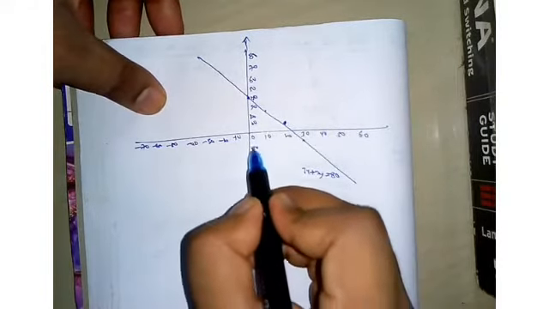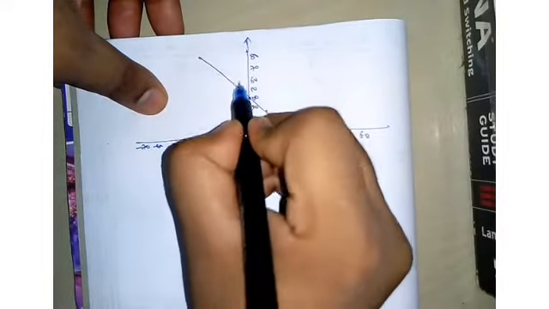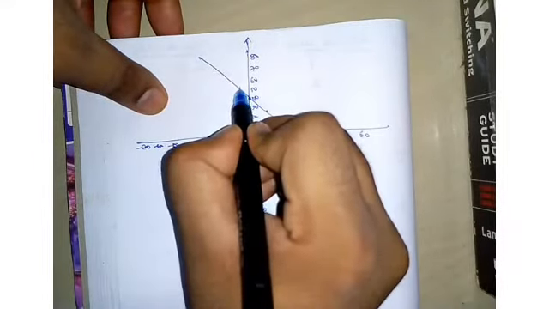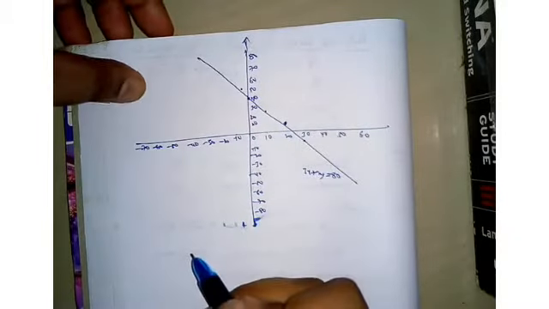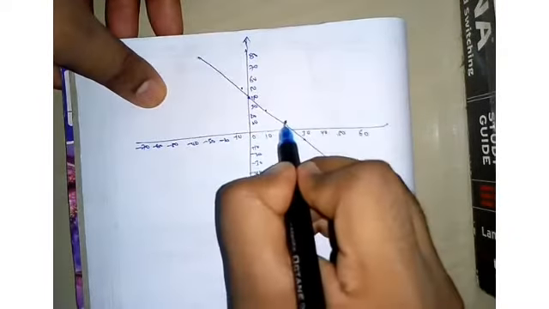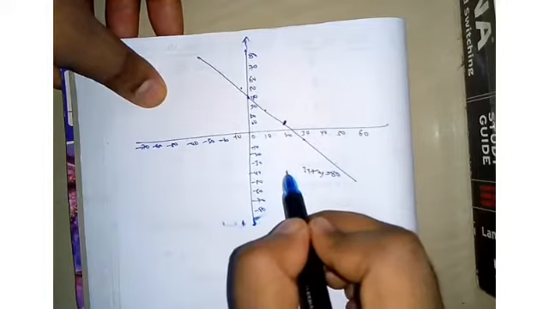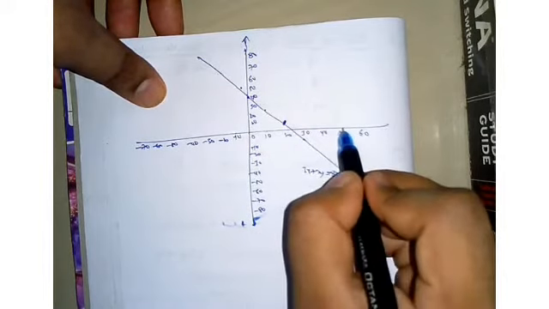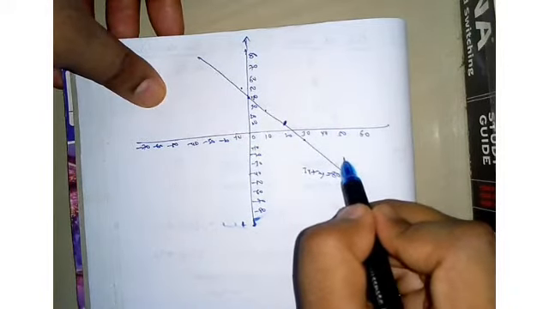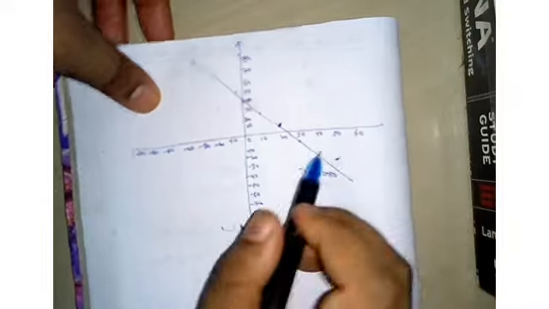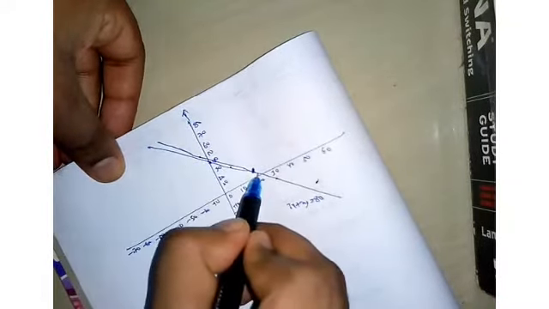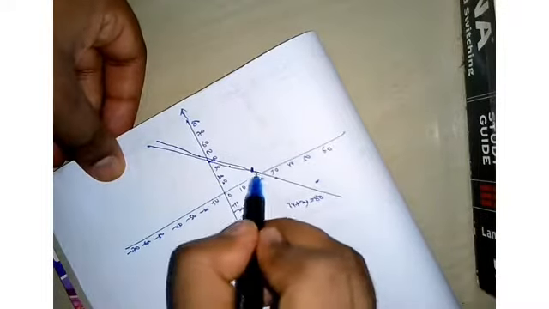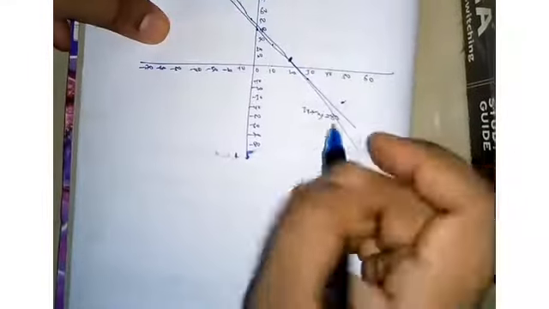First point is minus 10 comma 50, so somewhere here. Next is 20 comma 10, this point, and next is 50 comma minus 30. If you join these points, you get one more line passing like this.